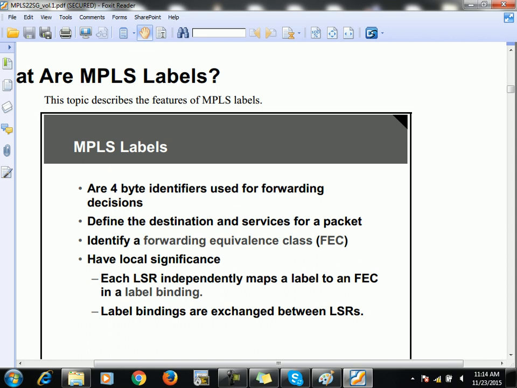This label will be responsible to define destination as well as services for a packet. Then it identifies a forwarding equivalence class, FEC.